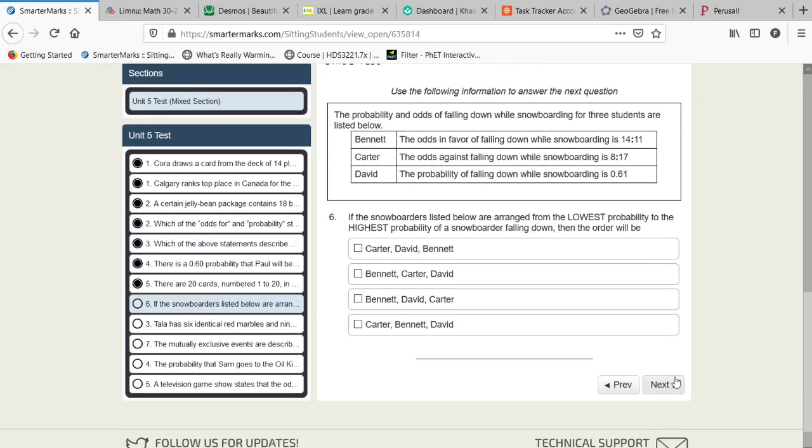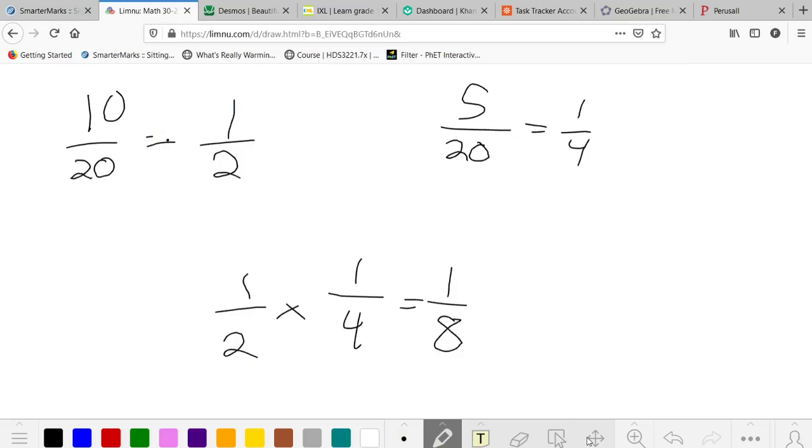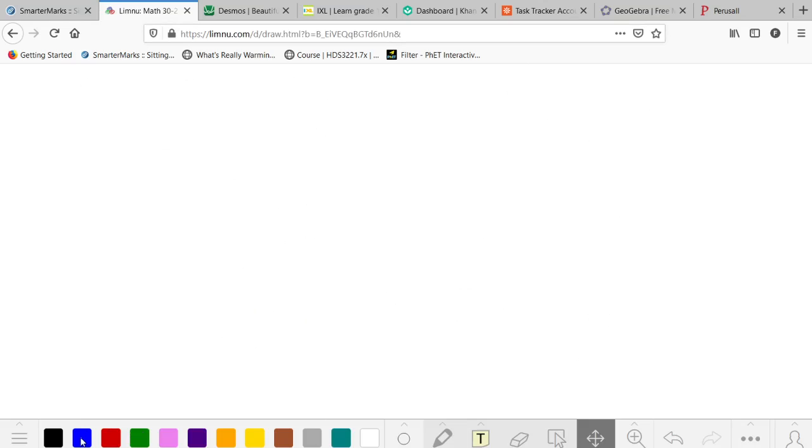All right. So here we go. The probability and odds of falling down while snowboarding for 3 students is listed below. And we need to arrange these from the lowest probability to the highest. But we've got different pieces of information. So Bennett. Okay.